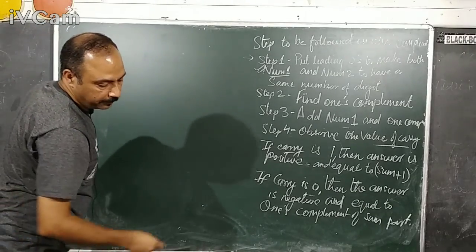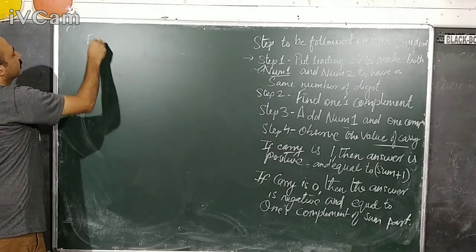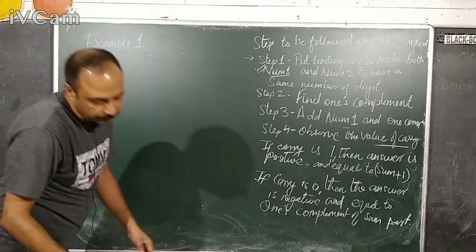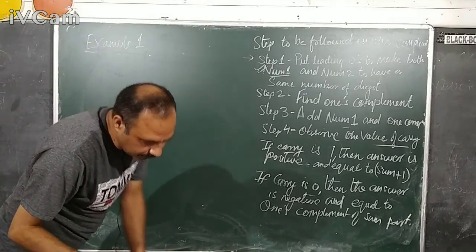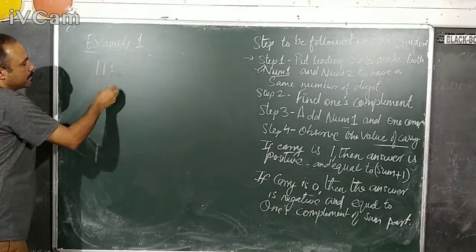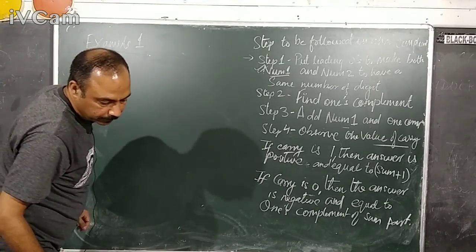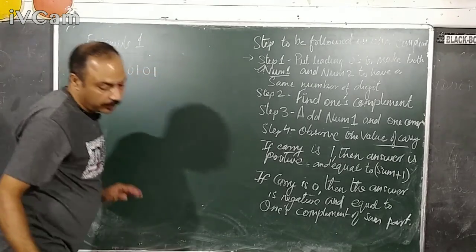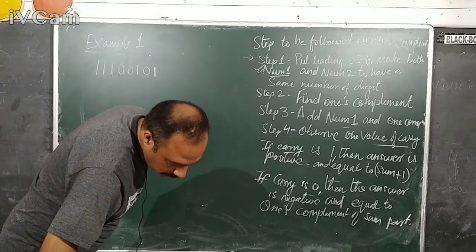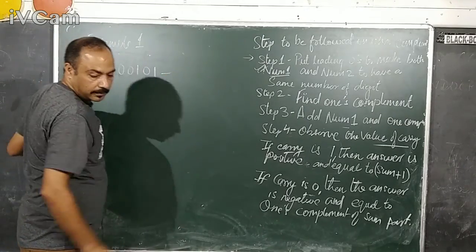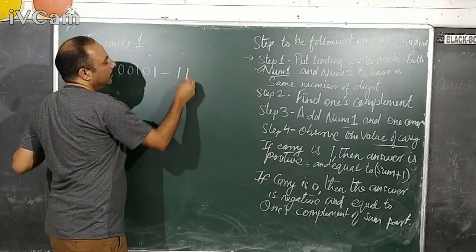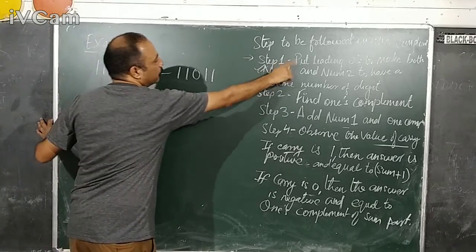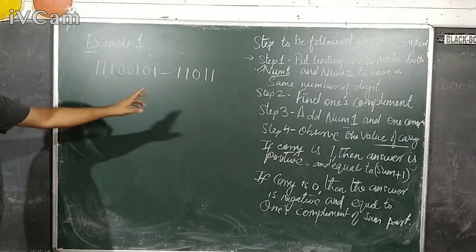Example number 1: 1 1 1 0 0 1 0 1 minus 1 1 0 1 1. So here I have said to put leading zeros to make number one and number two the same number of digits.